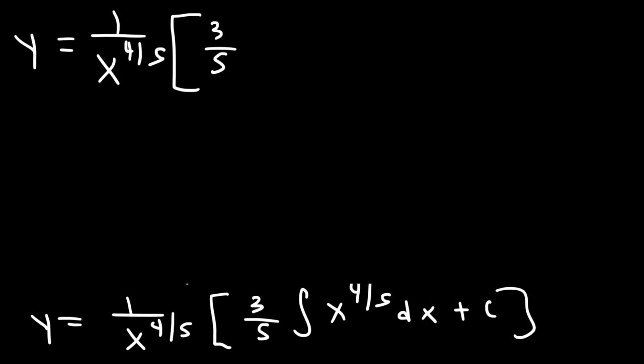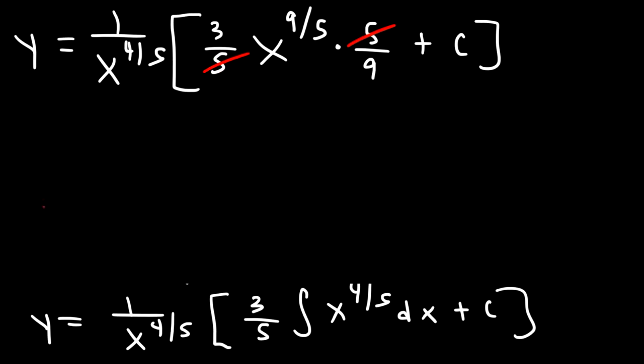So we're going to have to add 1 to 4 over 5. 4 over 5 plus 1 is the same as 4 over 5 plus 5 over 5, which is going to be 9 over 5. And then you need to divide that by 9 over 5, or multiply by the reciprocal, which is 5 over 9. So we can cancel a 5, and then 3 over 9 reduces to 1/3.